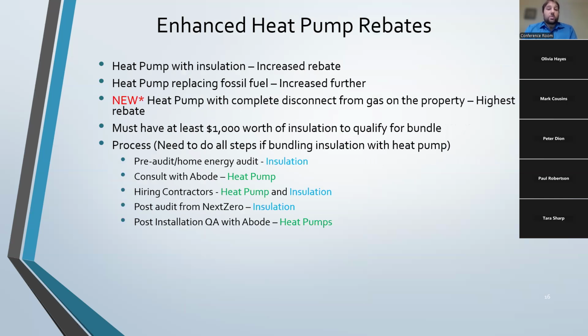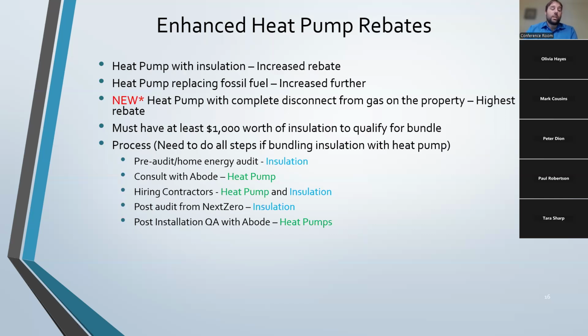So back to heat pumps. We have the enhanced heat pump program, which we rolled out, I believe, at the beginning of 2024. There's a couple of bundles which increase your rebate for both heat pumps and insulation if you're doing that too. There's a heat pump with insulation, which is an increased rebate, and then there's the heat pump replacing fossil fuel, which is increased further.